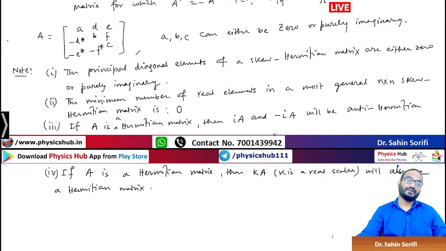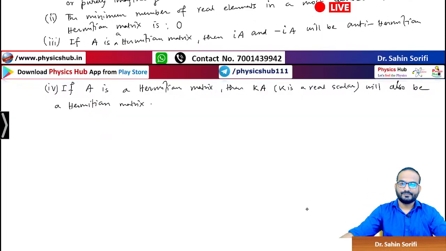But if you multiply by an imaginary number, then it will become anti-Hermitian. If you multiply by a real number, then there is no problem. It will remain as it is.